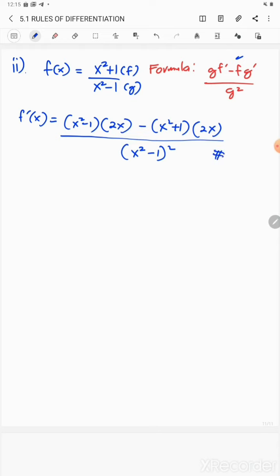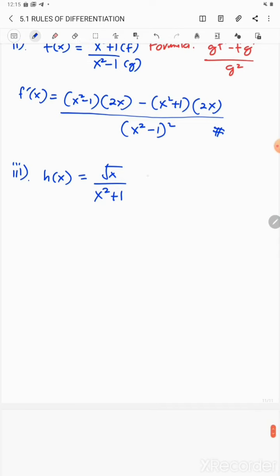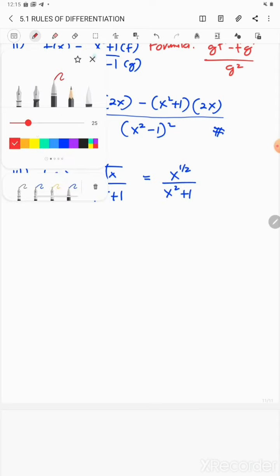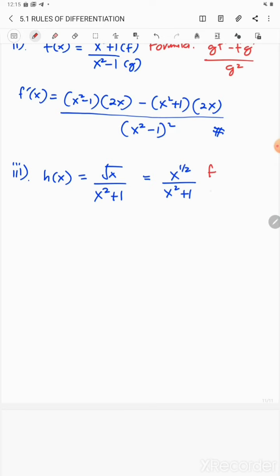We just stop here, and then last example, example 3. The question is h(x) equal to square root of x divided by x square plus 1. Remember always change the pattern into x power of 1 over 2 divided by x square plus 1. This one will be f, here is g.